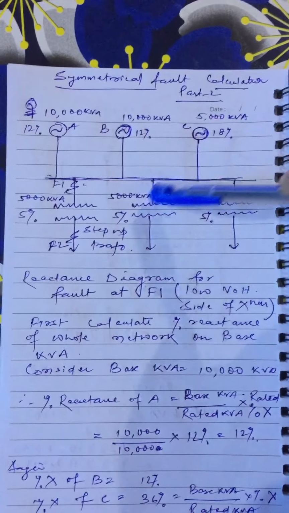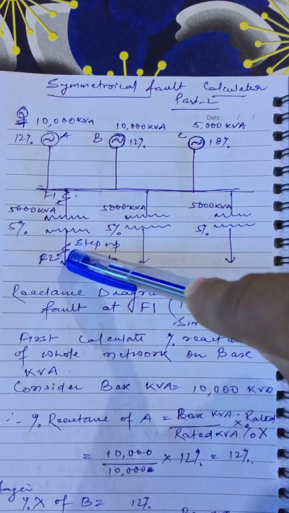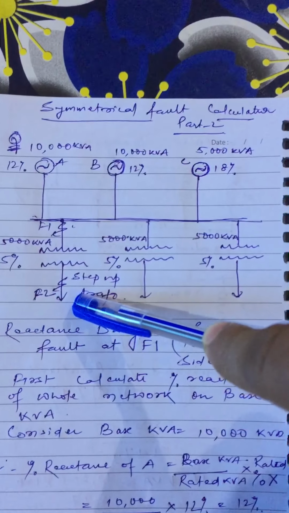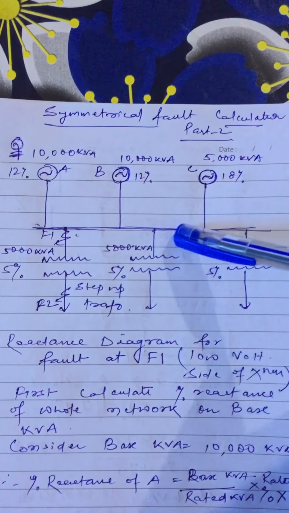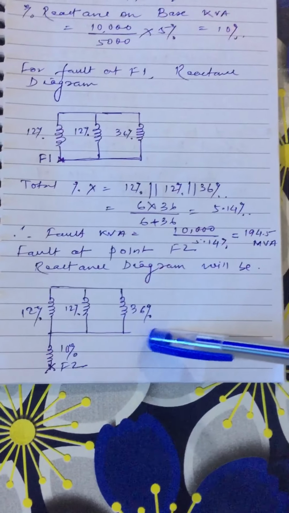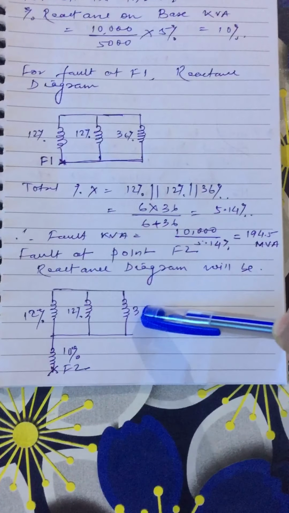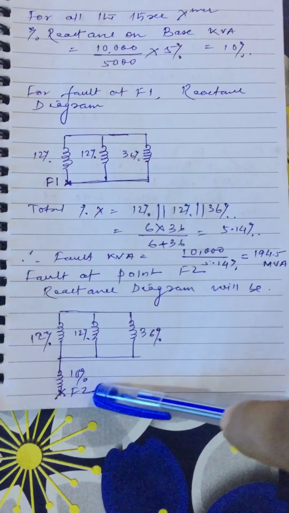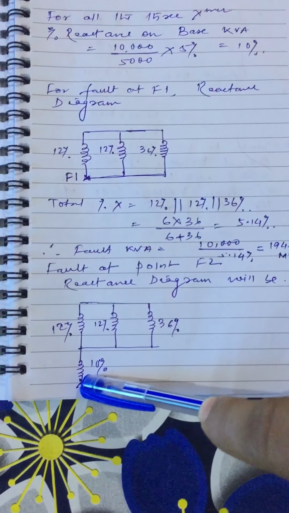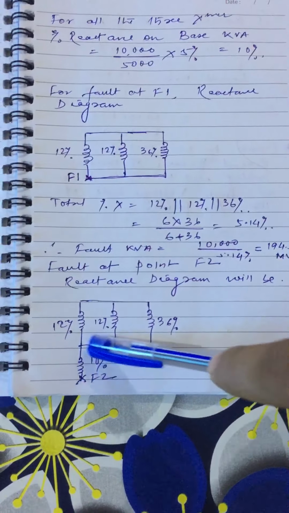Again we will come back to this single line diagram, where the fault at F2 is on the HV side of the transformer. Now this single line diagram can be simplified for the fault at F2 like this. Here in the reactance diagram, all three alternators are in parallel with each other, and if the fault happens at F2, then the percentage reactance of the transformer will be considered, that is 10%.